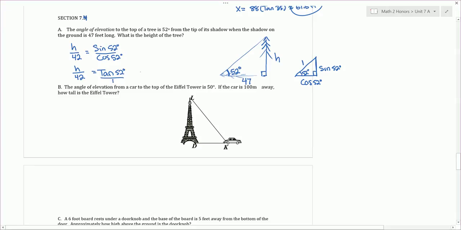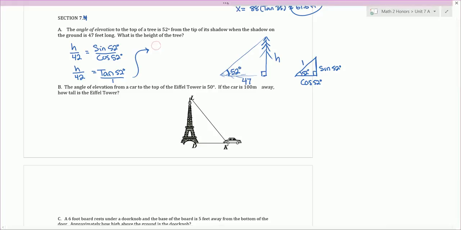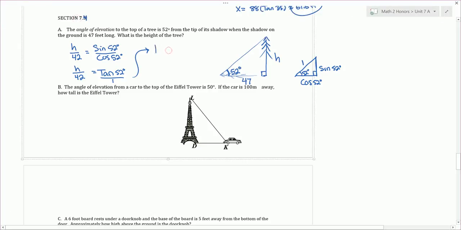If you cross multiply in this proportion, we end up with 47, well, let's do h times 1 first. H times 1, which is h, is equal to 47 times the tangent of 52 degrees.